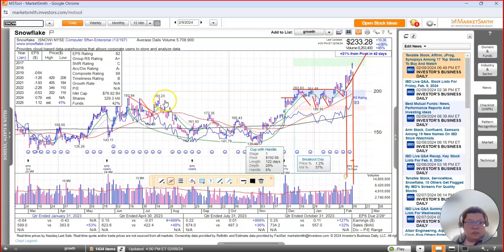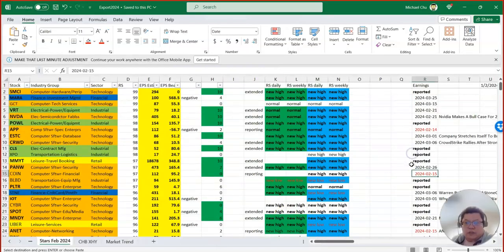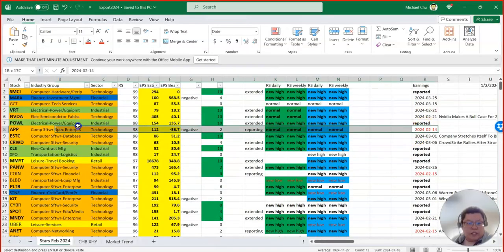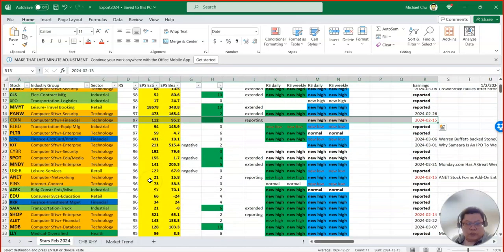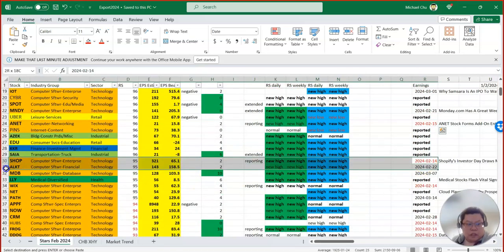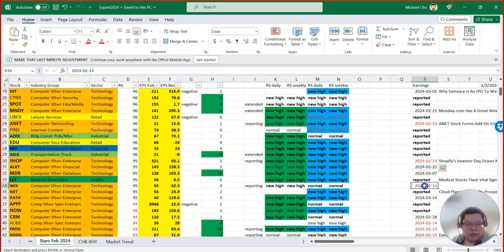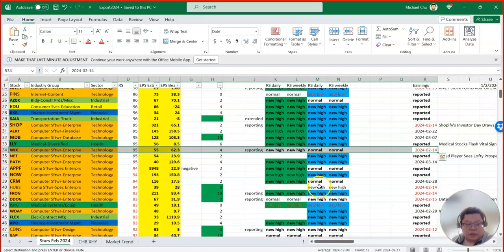So the only thing I would say going into next week, you can see all the highlighted ones here. APP is reporting, COIN is reporting, ANET is reporting, Shopify is reporting, Wix is reporting, and then who else?